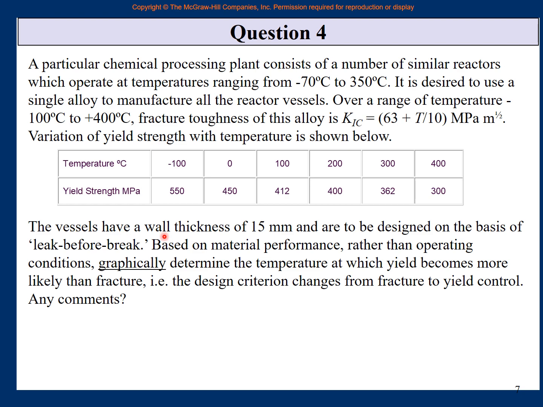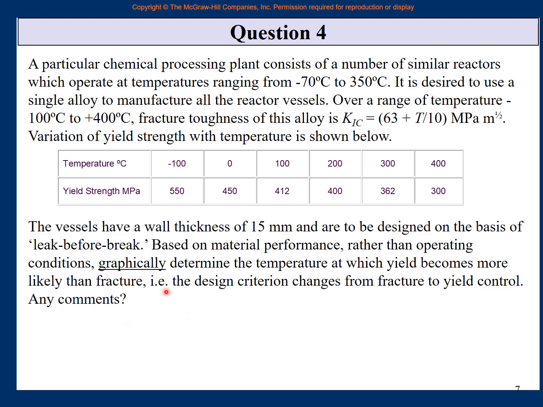The vessels have a wall thickness of 15 millimeter and are to be designed on the basis of leak before break. Based on material performance rather than operating conditions, graphically determine the temperature at which yield becomes more likely than fracture. That is, the design criterion changes from fracture to yield control.